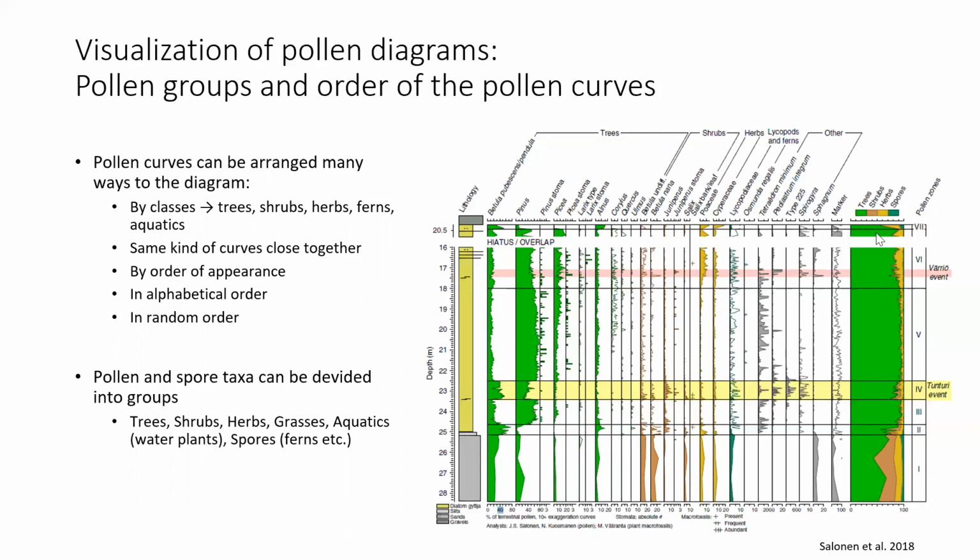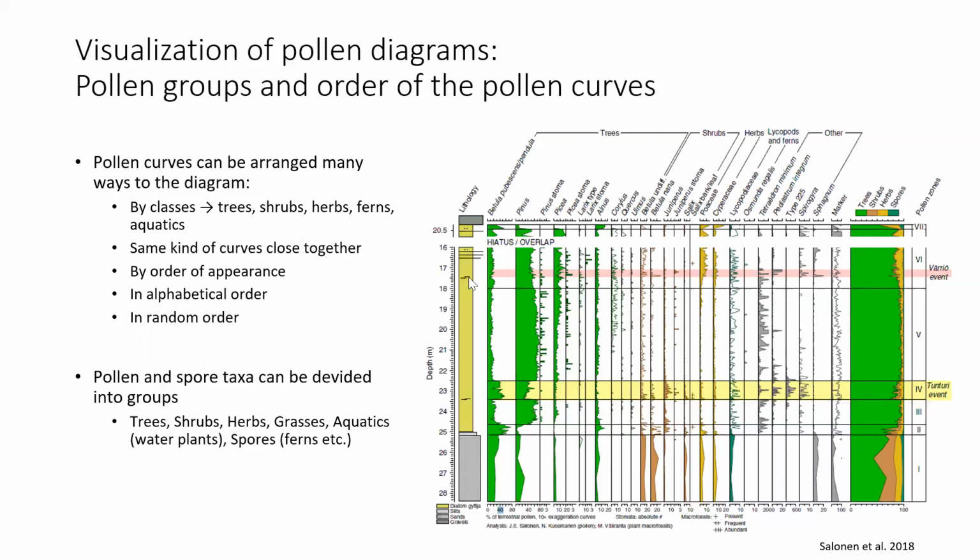Usually there is a summary showing the proportion of trees, shrubs and herbs. Here we can see, for example, that the tree taxa cover almost 100% or 90% of the vegetation composition, so the area must have been forested.